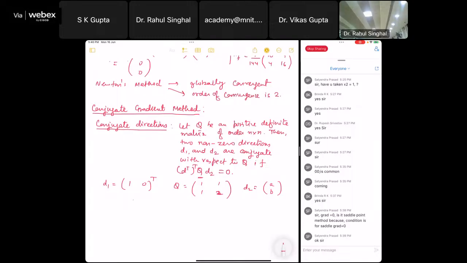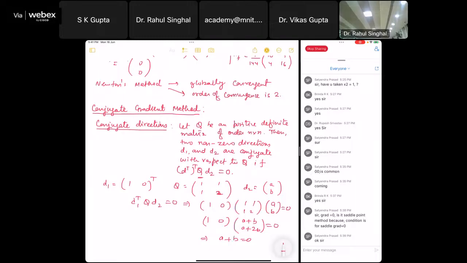How can we find it? So D1 transpose Q D2 should be 0. So this implies the product of (1, 0), the matrix (1 1; 1 2), and (A, B) must be 0. So this is (1, 0), and this is (A plus B, A plus 2B), which should be 0, and this implies A plus B should be 0.